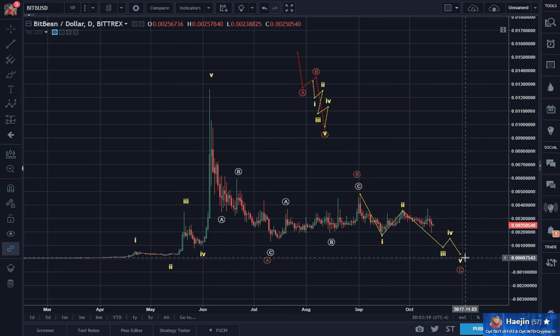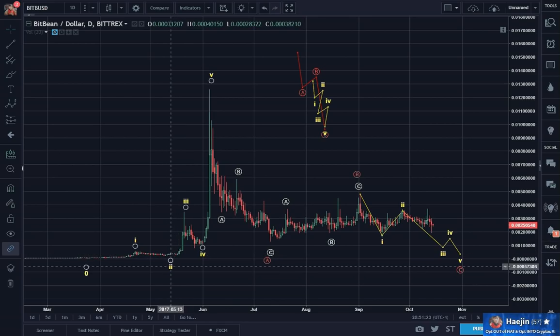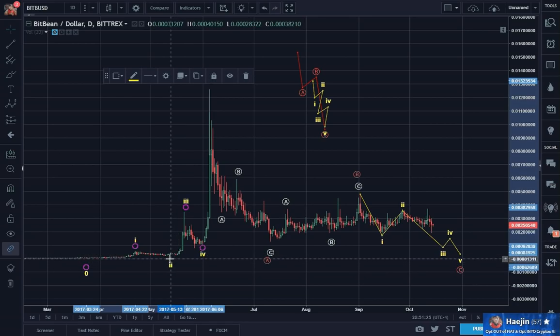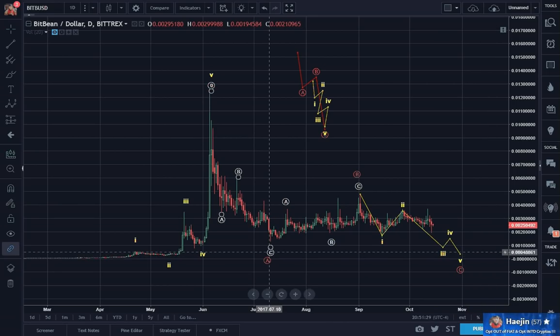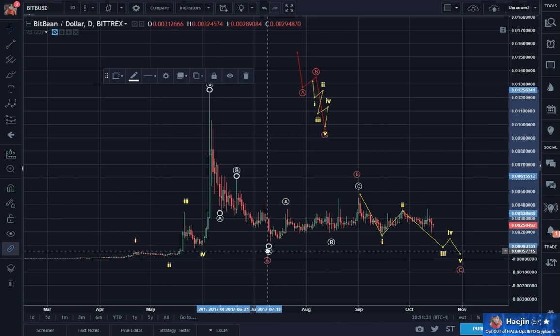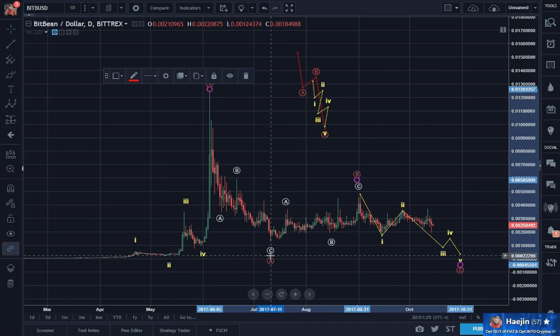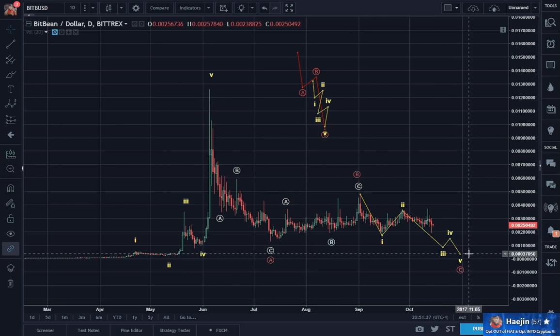Okay, so still the price is somewhere in this zone of wave 2. In fact, anywhere below A would be acceptable.